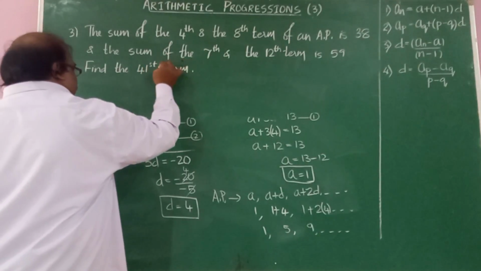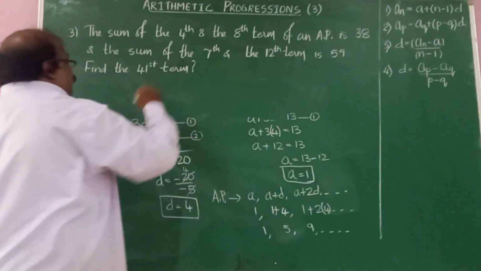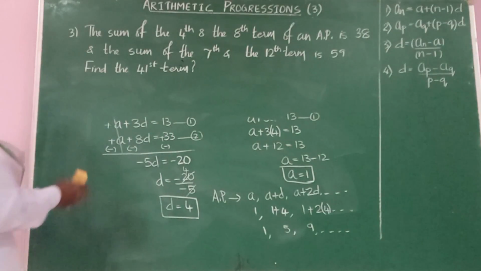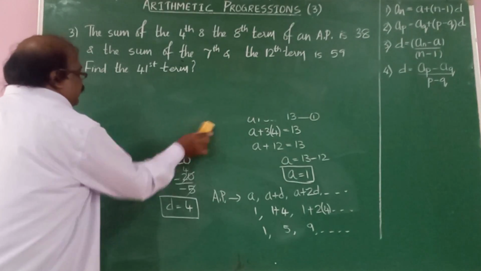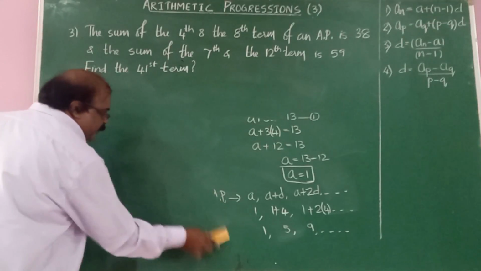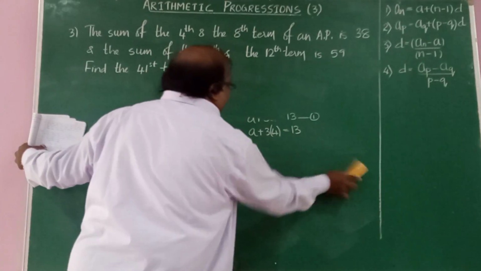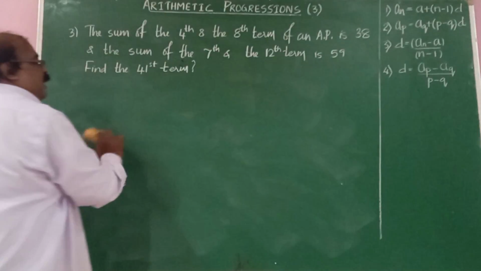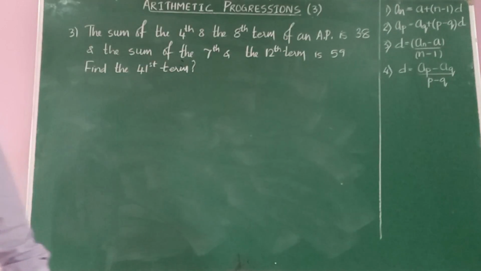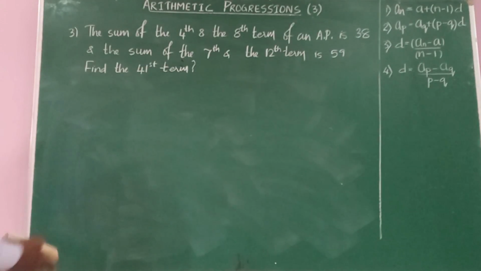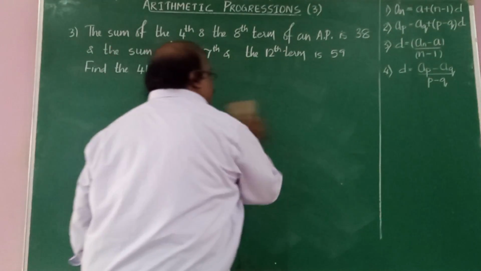A similar sum like the previous, but here I have given you the sum of the fourth and the eighth term is 38, and the sum of the seventh and the 12th term is 59. So how do I go about with the sum?